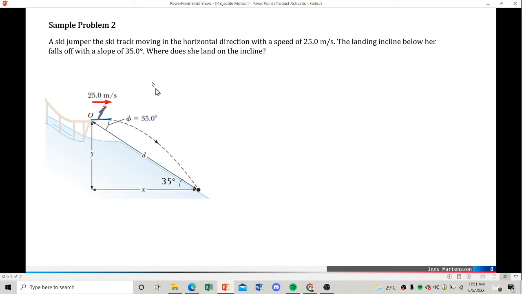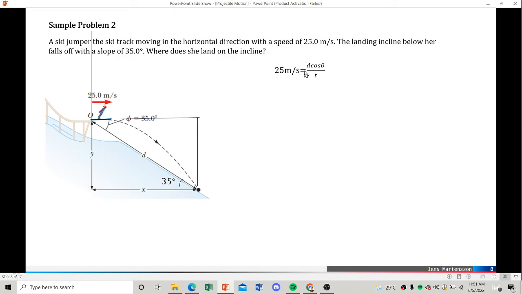Okay, so we have a slope of 35 degrees. The initial velocity here is 25 meters per second. Let us say this is our coordinate system, or the point of origin for the analysis.